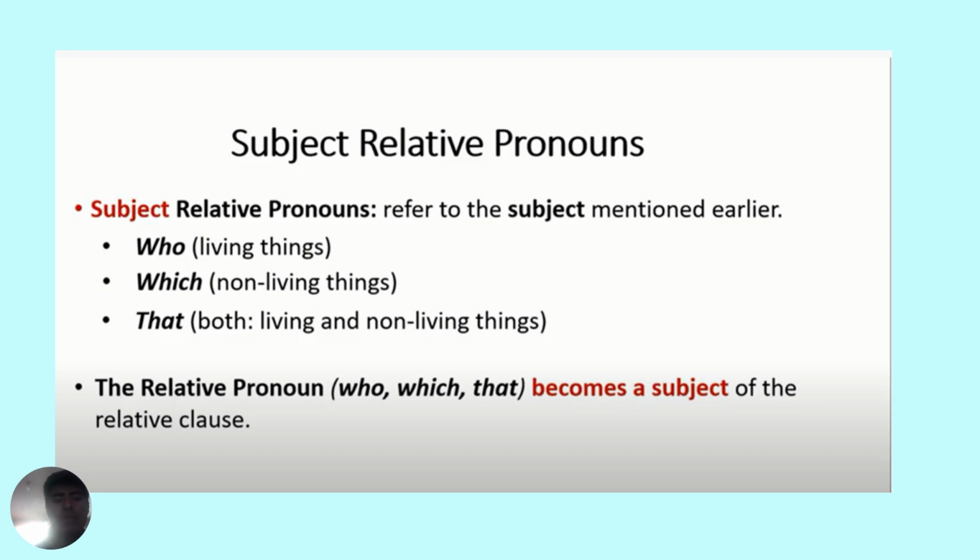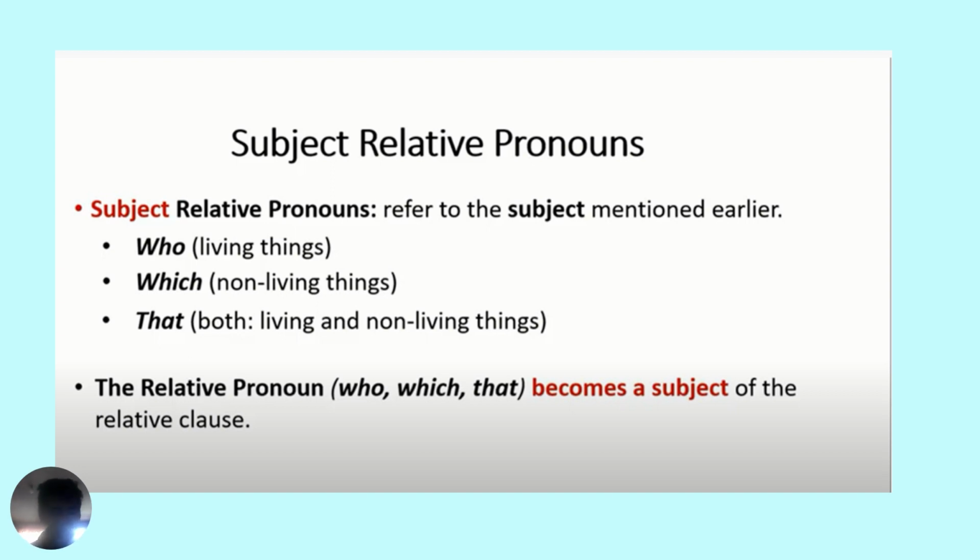Subject relative pronouns refer to a subject mentioned earlier: who for living things, which for non-living things, that for both living and non-living things. The relative pronouns who, which, that come as the subject of the relative clauses.